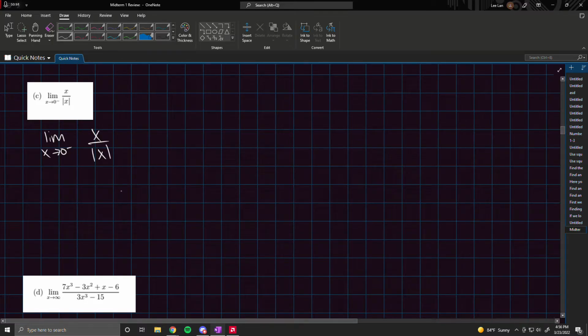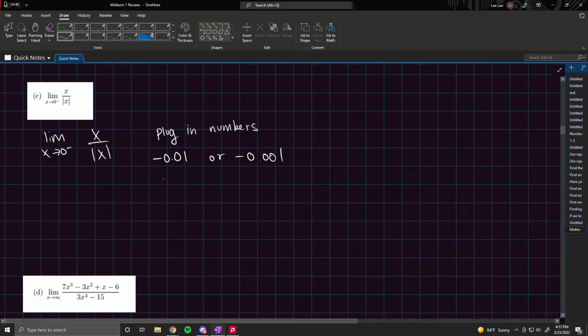So what you could do is plug in really small numbers. For example, a number close to 0 from the left. So you could plug in negative 0.001.